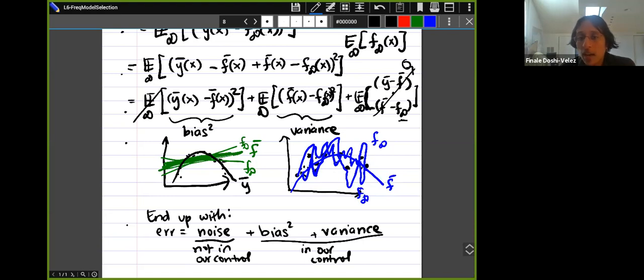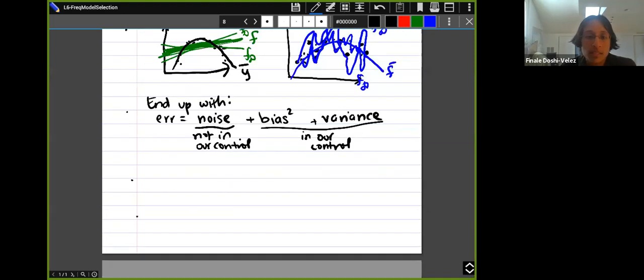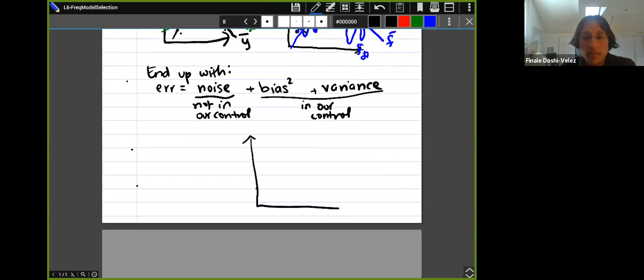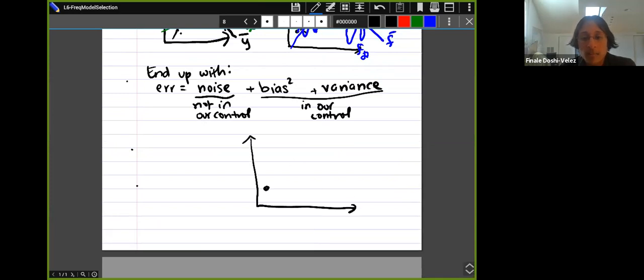Maybe too many points makes the example look more complicated, but let's say I just have 3 points and I'm trying to fit this with a high degree polynomial. I might end up with a fit that looks like this.